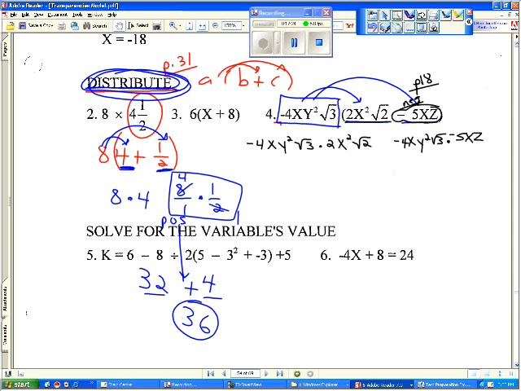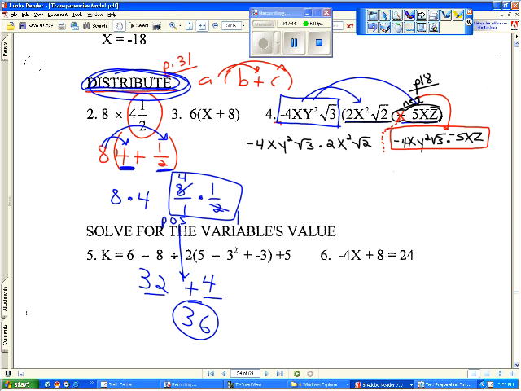Also recall that I don't take that sign down here. I take the sign over there, and I use the sign rule answer for this to tell me what to put in there.